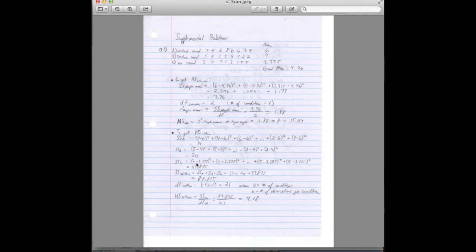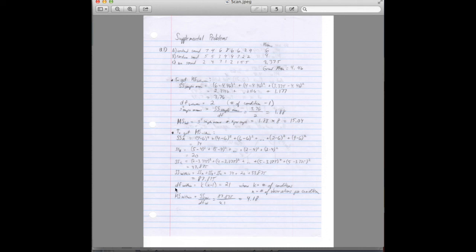Likewise with condition C, 2 minus the mean for C is 3.375 squared, plus 4 minus 3.375 squared, etc. And then you sum those to get 33.875. And then your sums of squares within will just be the sum of sums of squares condition A, sums of squares B, and sums of squares C. So add the three terms that we just calculated, and you'll get the sums of squares within.